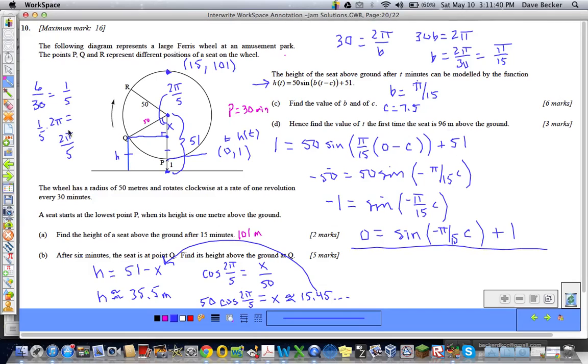So I would say that 96 is equal to this guy, but I know everything. 96 is equal to 50 sine of pi over 15 times t minus 7.5, which we just found. Make sure you get your parentheses right here. It's going to be very, very wrong when you put it in the calculator. Plus 51. So now I'm going to graph that.